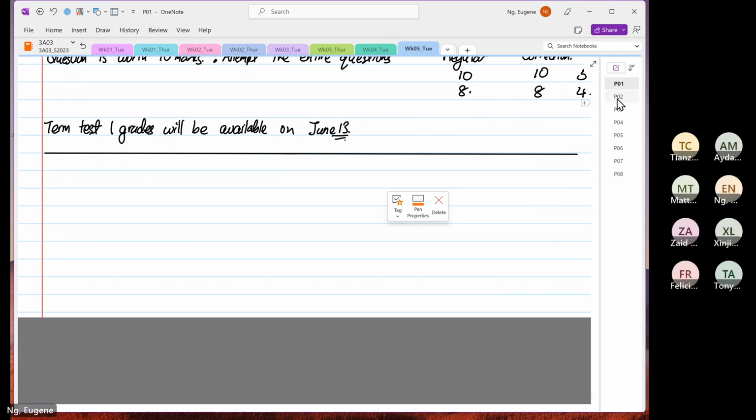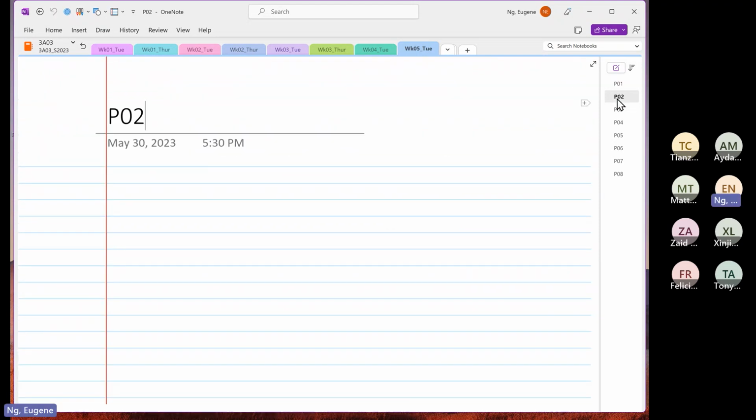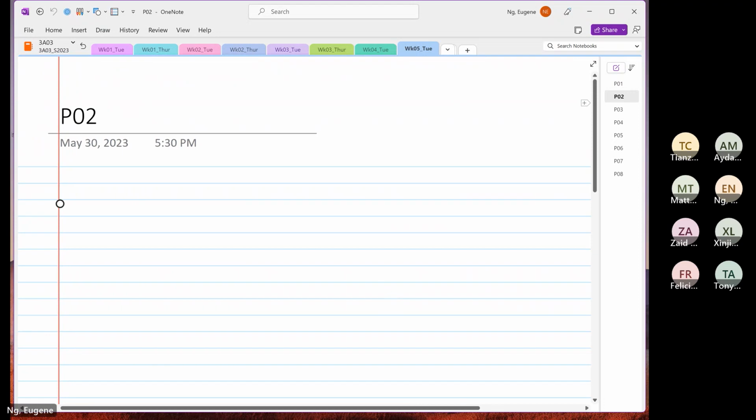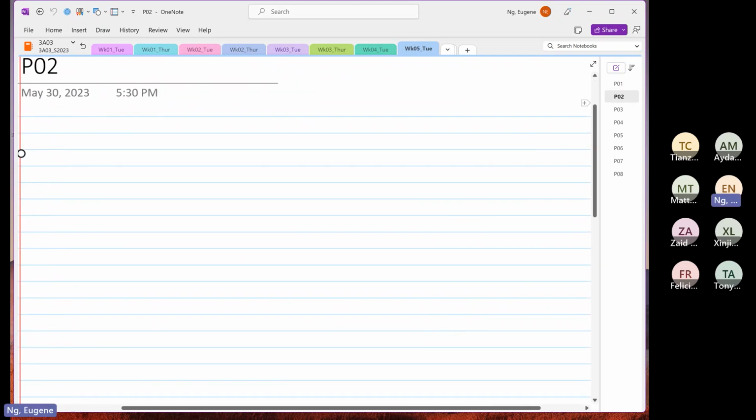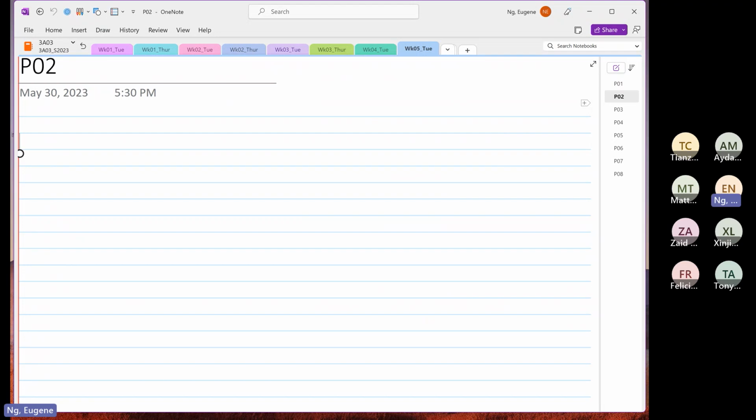So let's go through revision. While doing the revision, I'll also be writing the summary sheet at the same time. So let's go for revision.